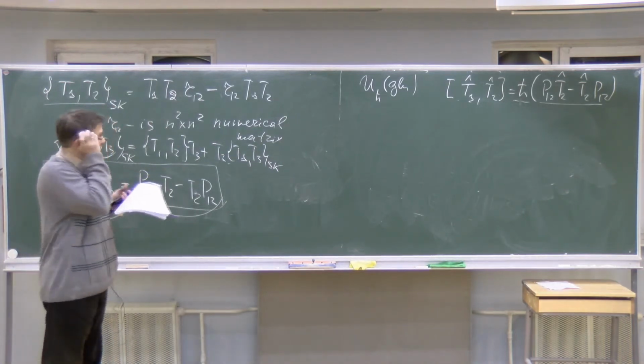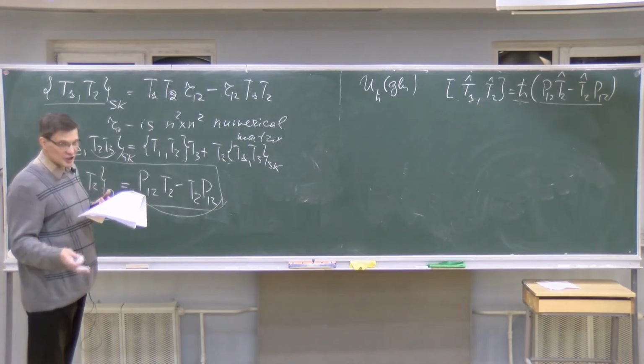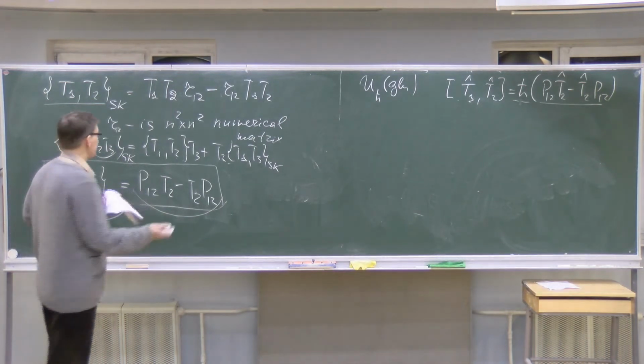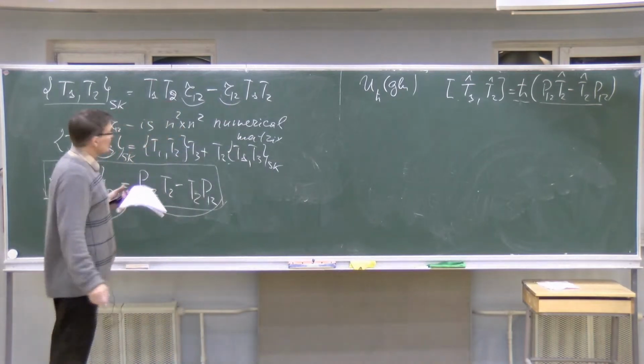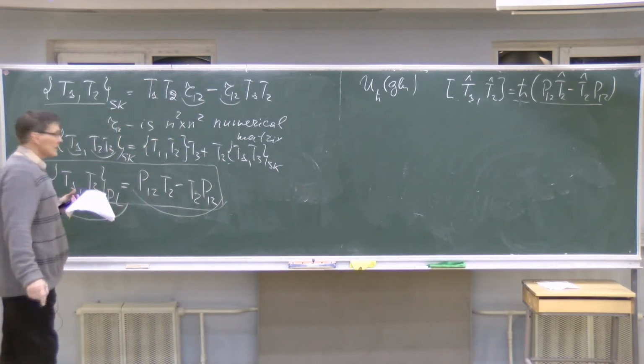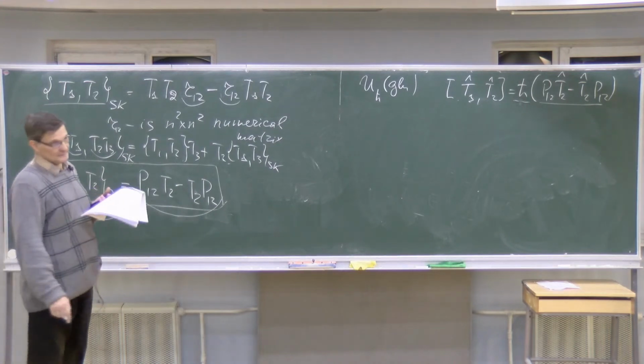And then let us ask ourselves which condition should be imposed on this matrix in order for this structure to be a Poisson bracket.